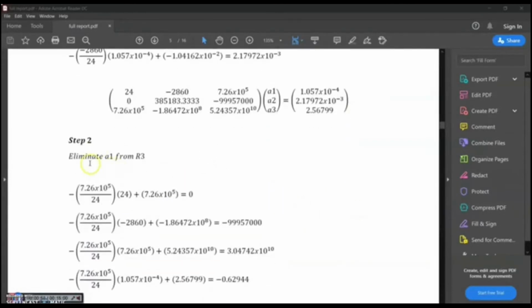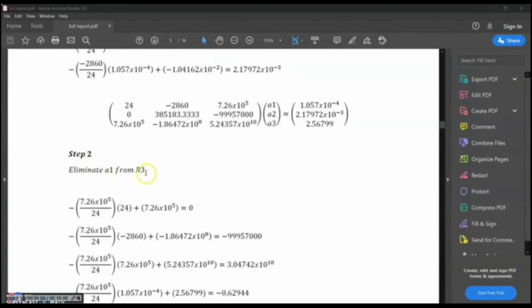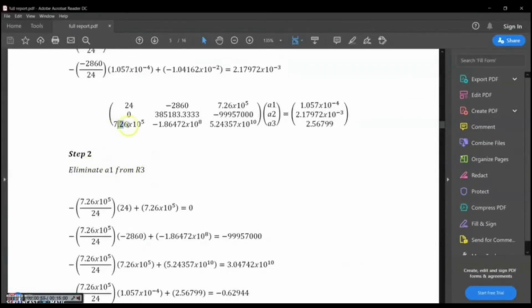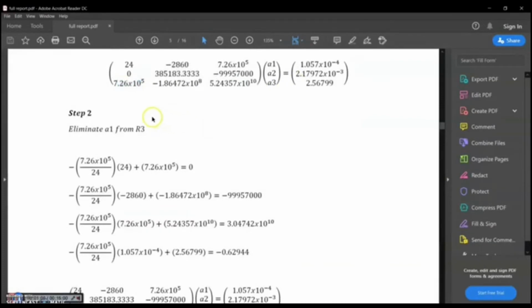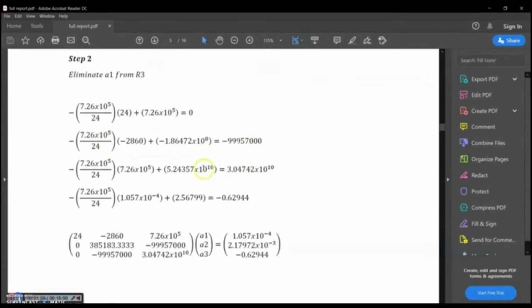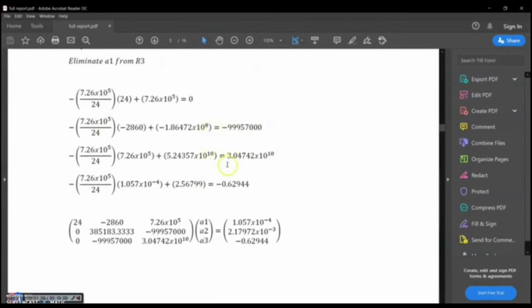For step 2, we need to eliminate A1 from row 3. This is the same as the previous step, where we substitute into the formula and get this answer, and we substitute it back into the new equation at row 3.